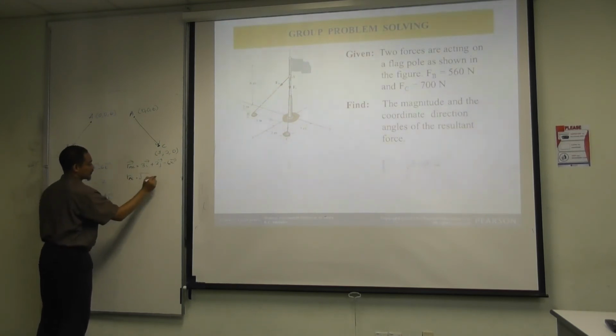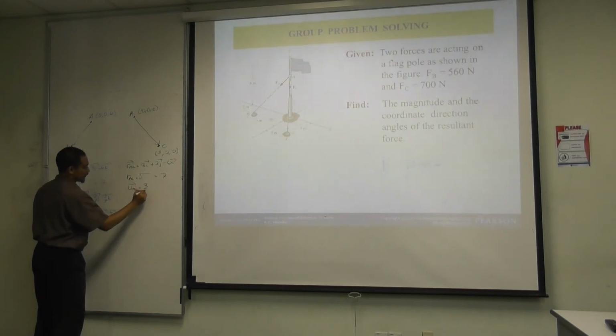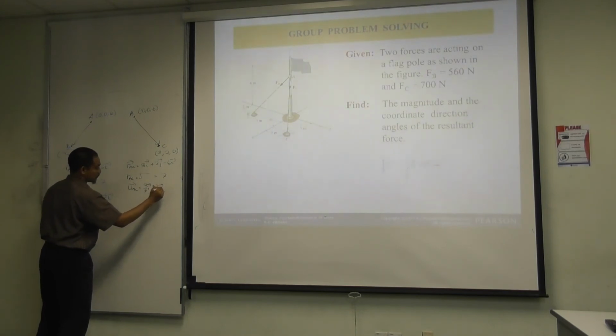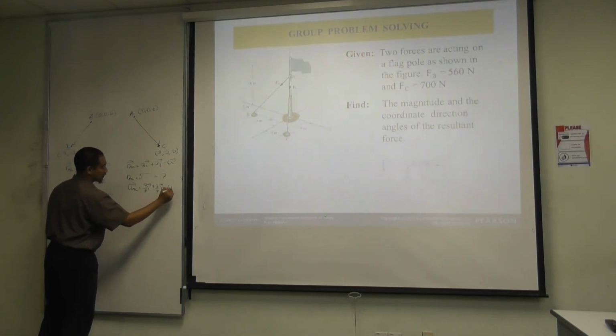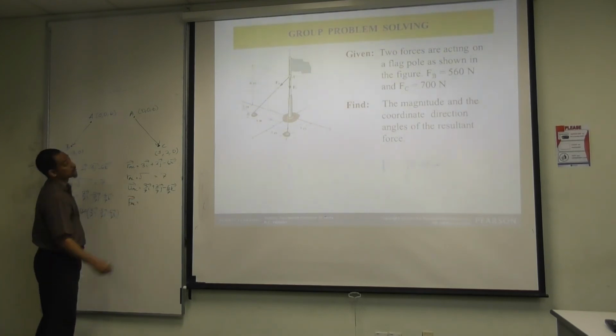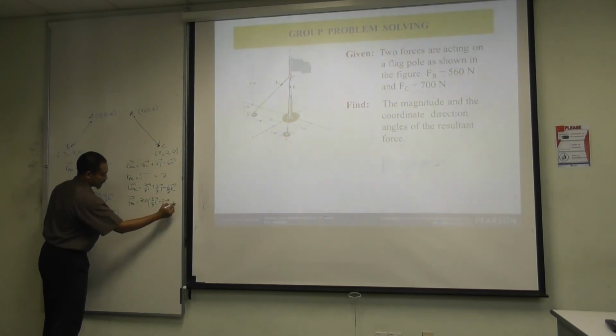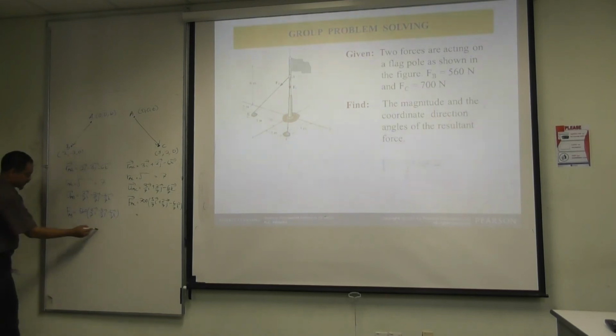Its magnitude is 7, so UAC is 3 over 7i plus 2 over 7j minus 6 over 7k. FAC is 700 times 3 over 7i plus 2 over 7j minus 6 over 7k. This you can straight away calculate. After you get these two, add them.